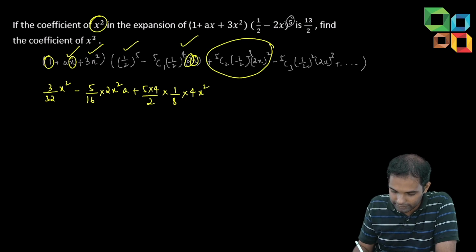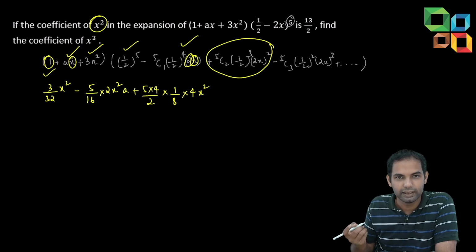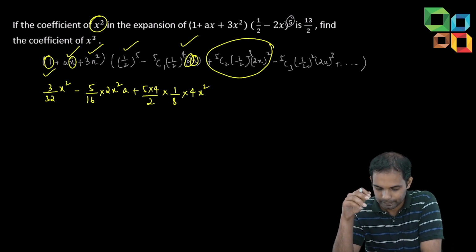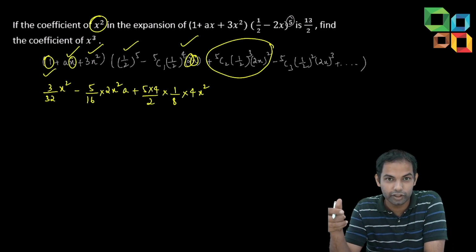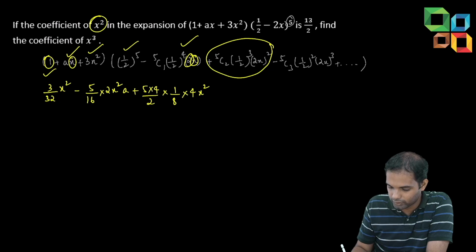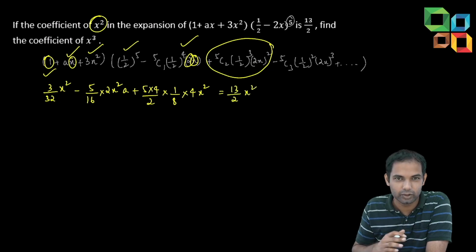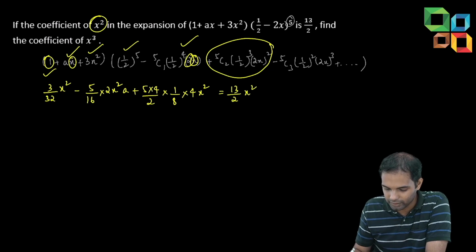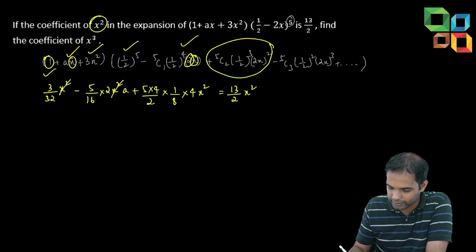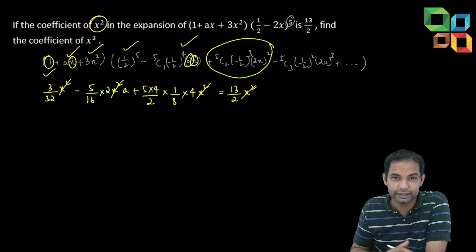Into this term is 1, right? So it remains as it is. We are given the coefficient of x square, so this is equal to 13 by 2 x square. I just multiplied with x square, so we can just remove this x square altogether. Okay, so this is the equation.